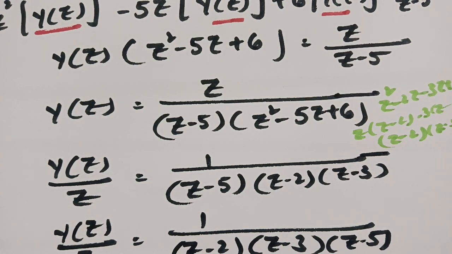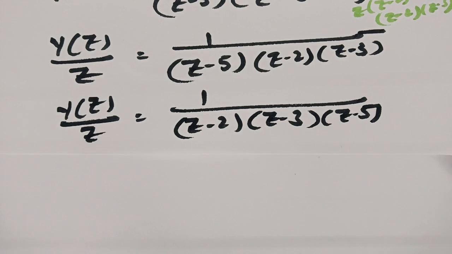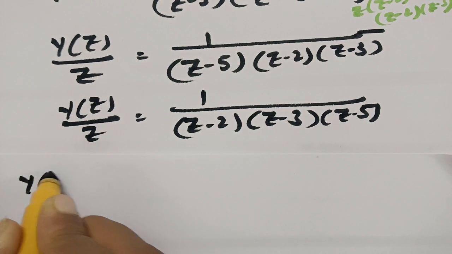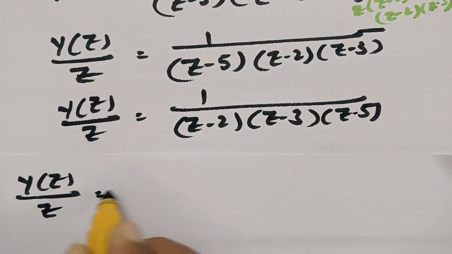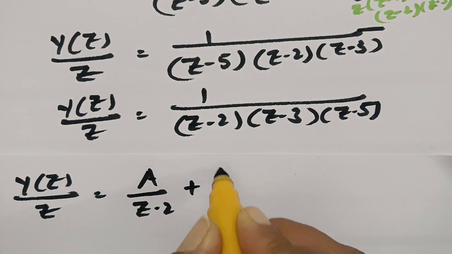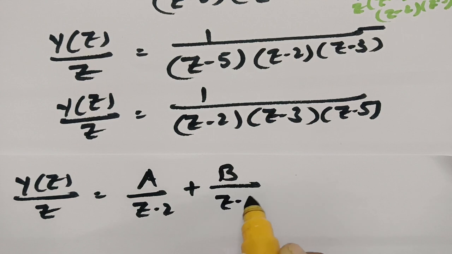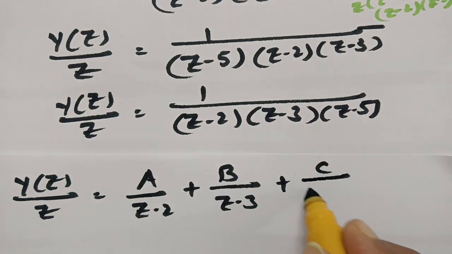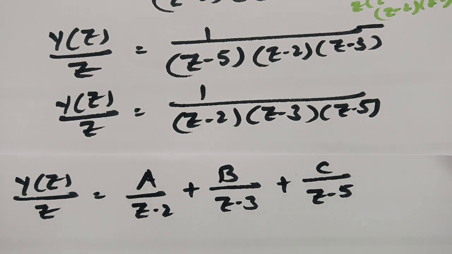Now I am going to resolve into partial fractions. According to partial fractions, Y(z)/z is equal to A/(z minus 2) plus B/(z minus 3) plus C/(z minus 5).